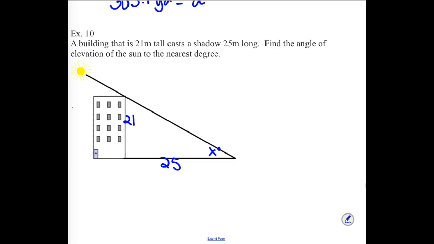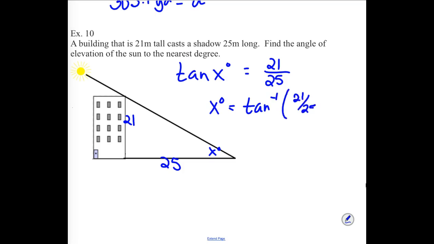Which trig function is being used? Okay, so the trig function would be tangent, yes? The difference with this one is we don't know the angle, right? We're taking the tangent of some angle, and we are supposed to get 21 over 25. Now, here's where we're going to use that inverse feature. So x is going to be the inverse tangent of 21/25.